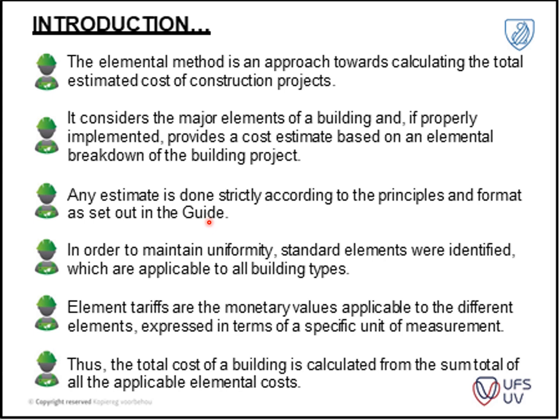Any estimate is done strictly according to principles and format as set out in the elemental guide, in order to maintain uniform standard elements, where uniform elements were identified which are applicable to all building types. Elemental tariffs are the monetary values applicable to the different elements expressed in terms of the specific unit measurements. Thus, the total cost of a building is calculated from the sum total of all the applicable elemental costs. Okay, still very straightforward.